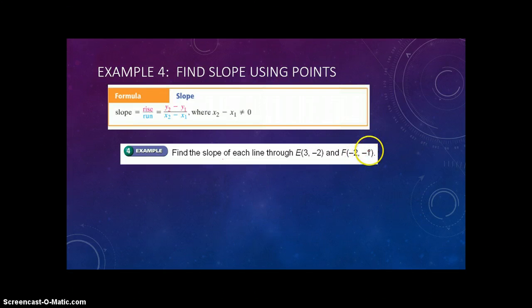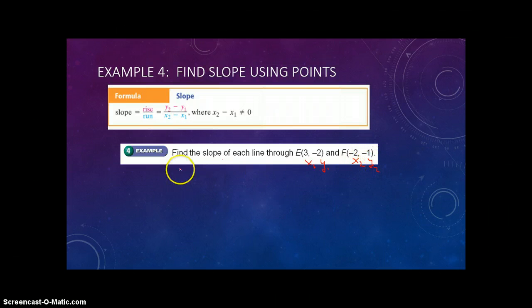So I am going to simply set up my y2 minus y1. I'm going to call this x2 and this y2. I'm going to call this x1 and y1. It doesn't matter which one is the first point or second point. Just again, from the lesson yesterday, be consistent.